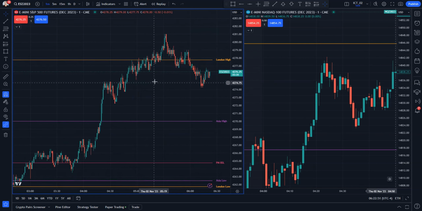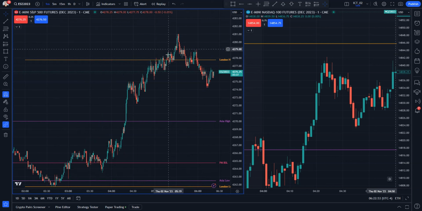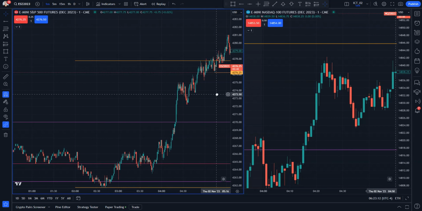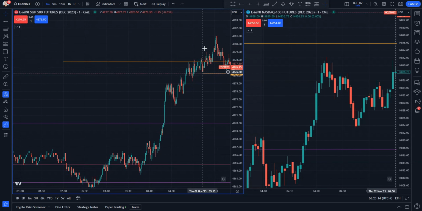If you saw this break, this whole area where it broke the London high, you still need to wait for a confirmation on the market structure shift, which is that label there. So if it was like this, now it moves higher up to this.